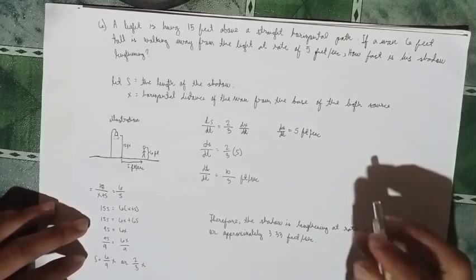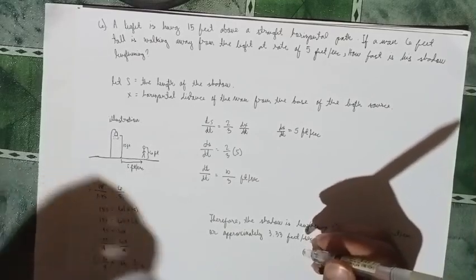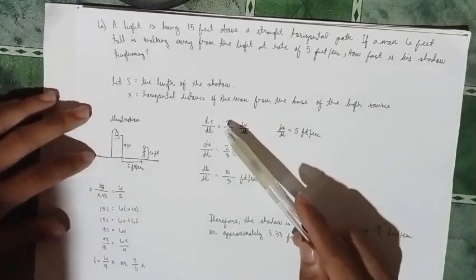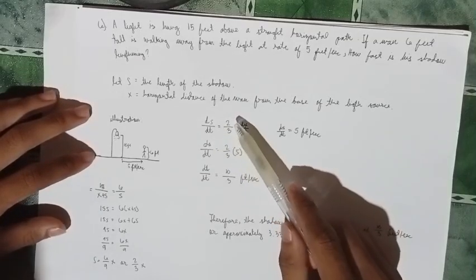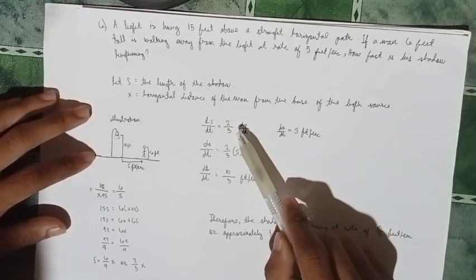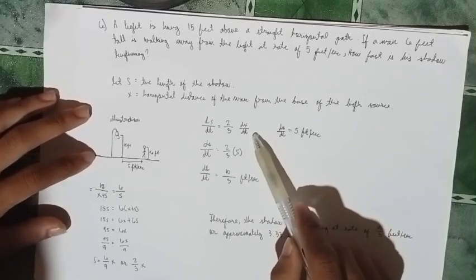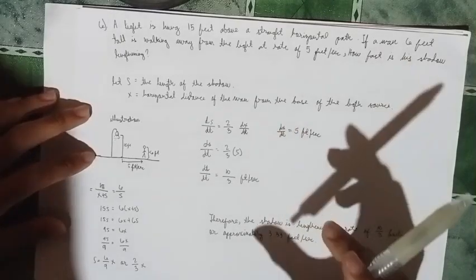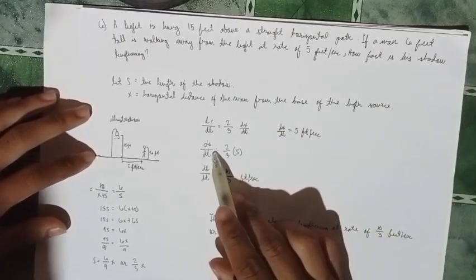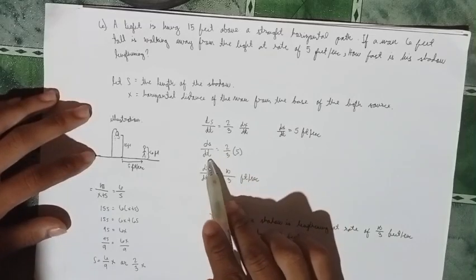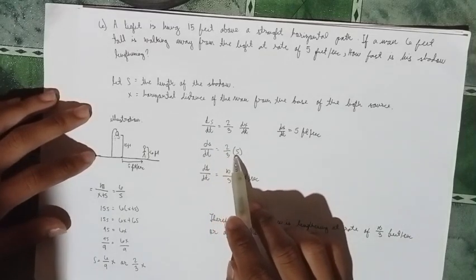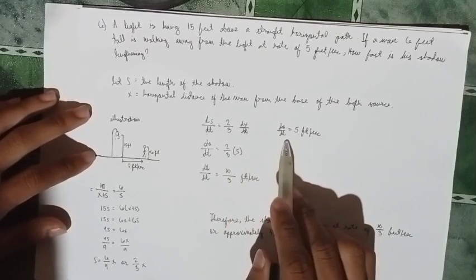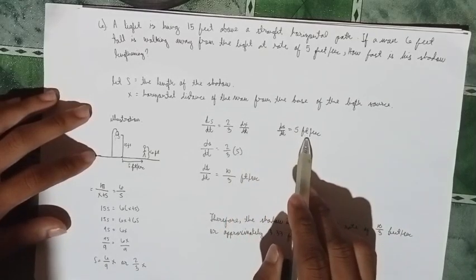After that we can differentiate, so ds over dt is equal to 2 over 3 dx over dt. So ds over dt is 2 over 3 multiplied by 5, where dx over dt is equal to 5 feet per second.